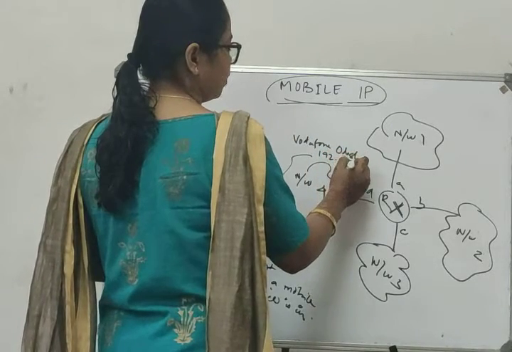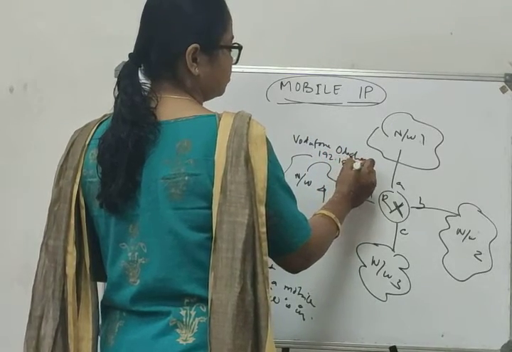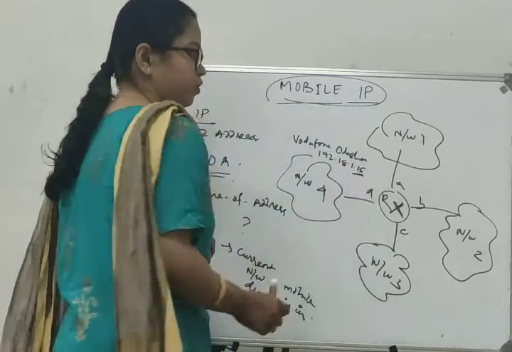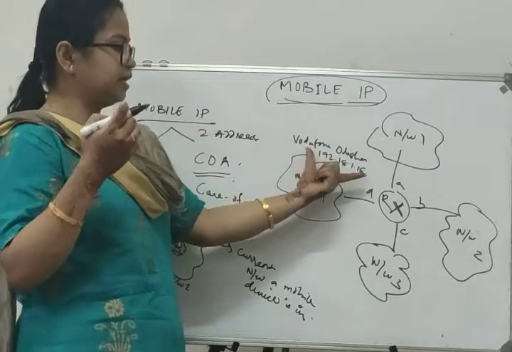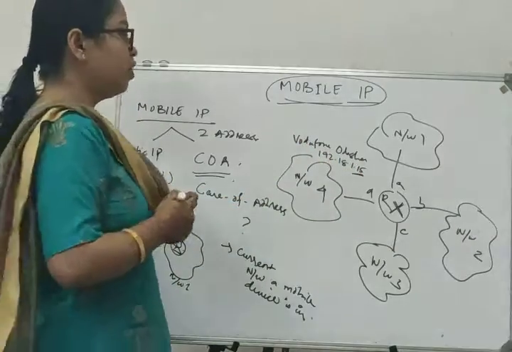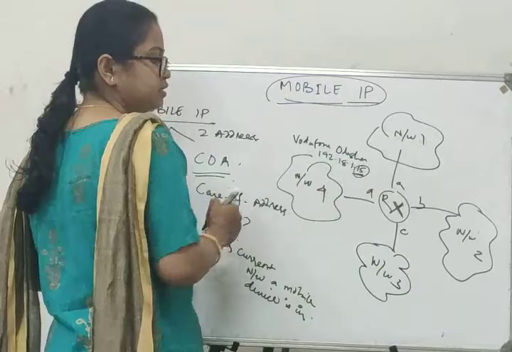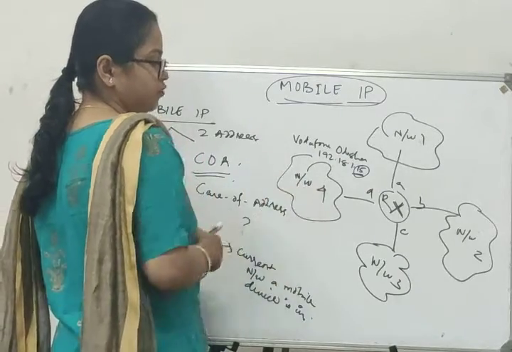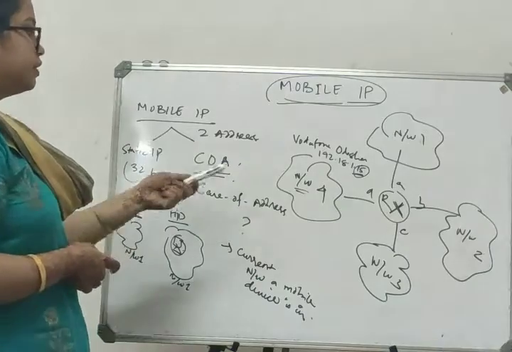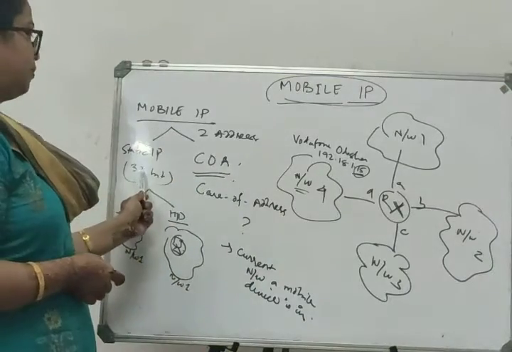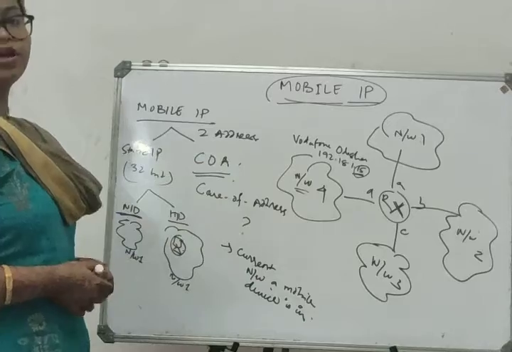Suppose 18.1, and suppose my device is 15. Okay, this is a class C address. Normal IP, static IP is this, and my host ID is 15. I belong to this network, this network 4 of Vodafone. Now, this is the static address that mobile IP will take. But what about the care of address?